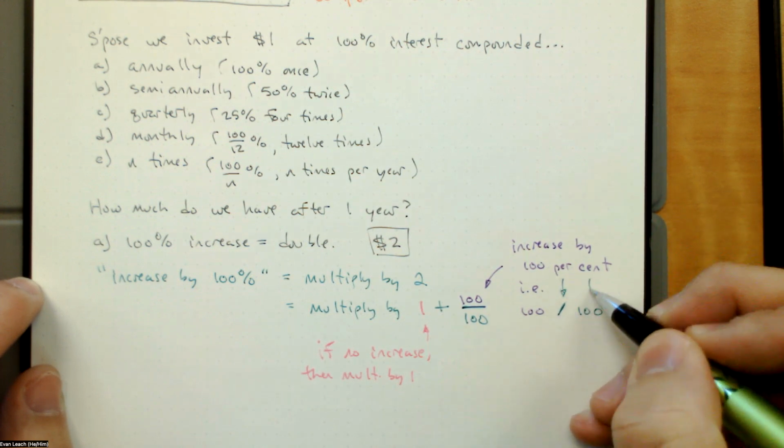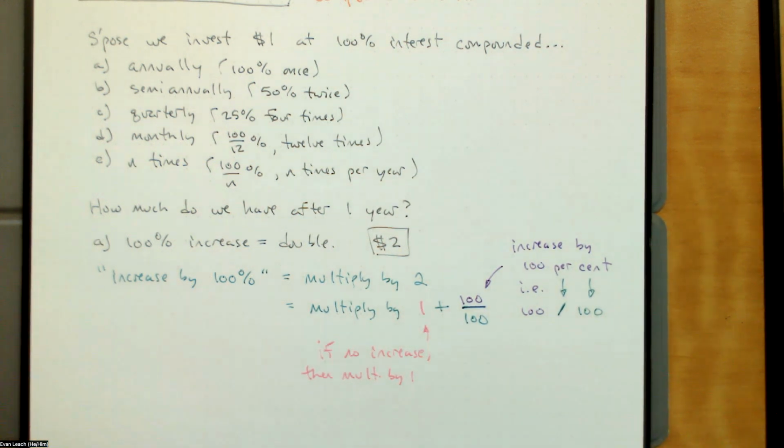Per is divided by, cent is 100. Increase by 100 for every 100. So this is how we build that multiplying by 2.